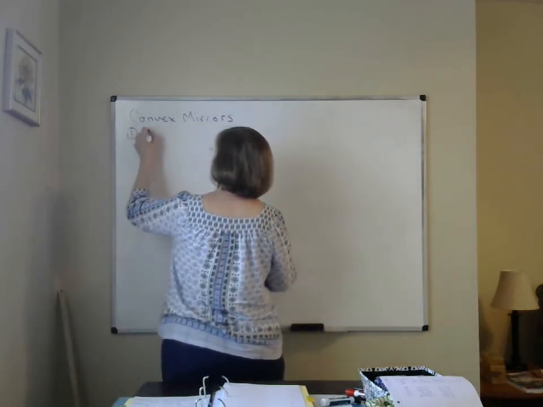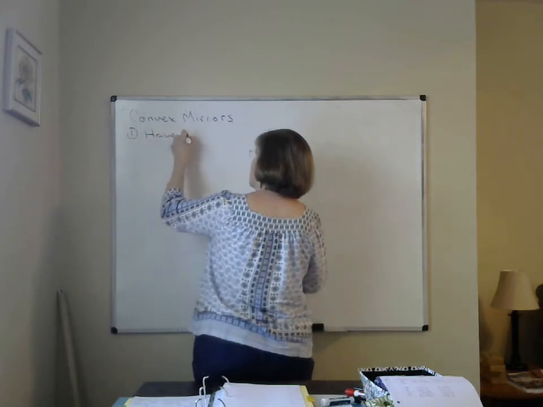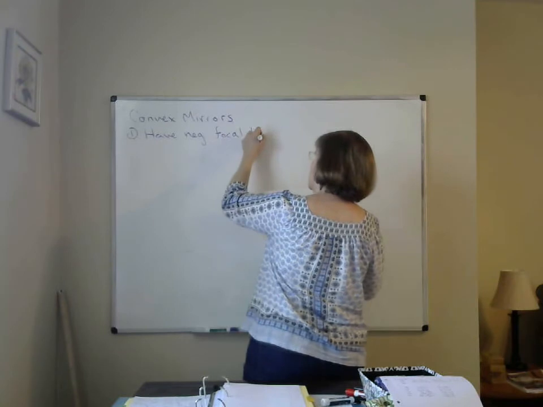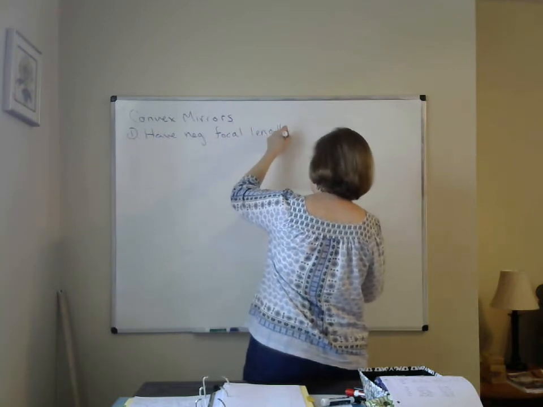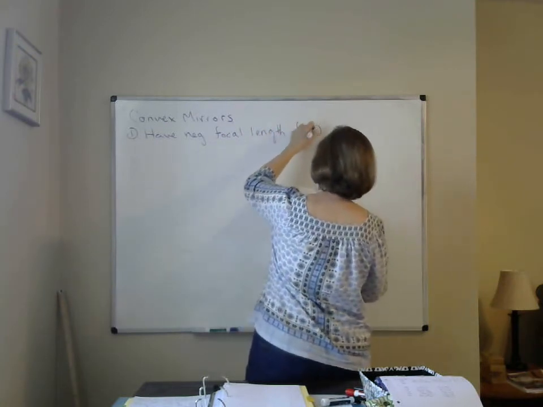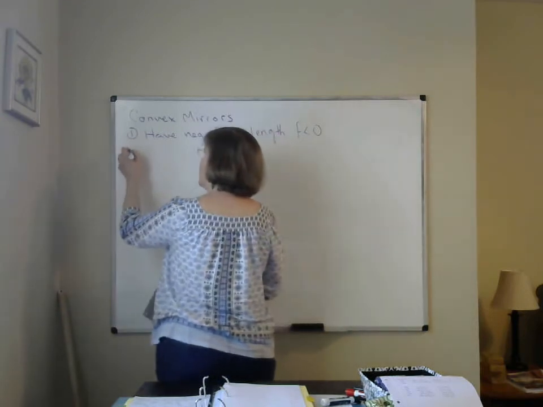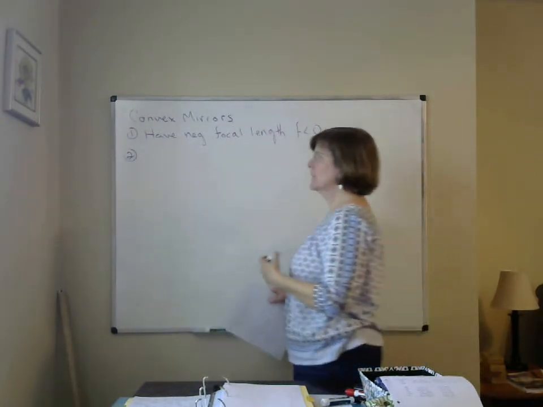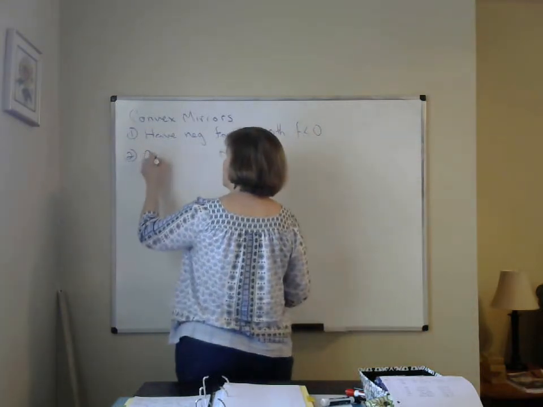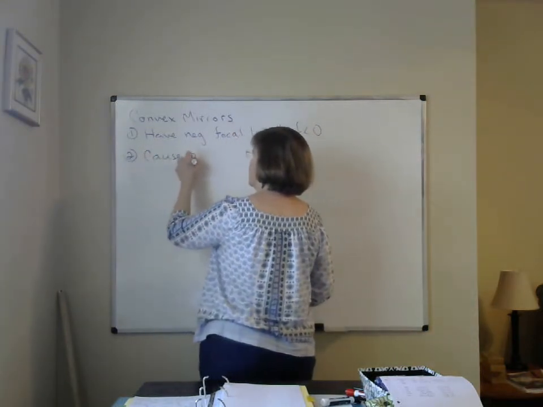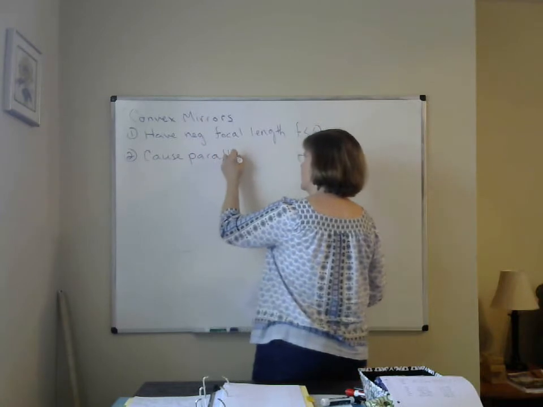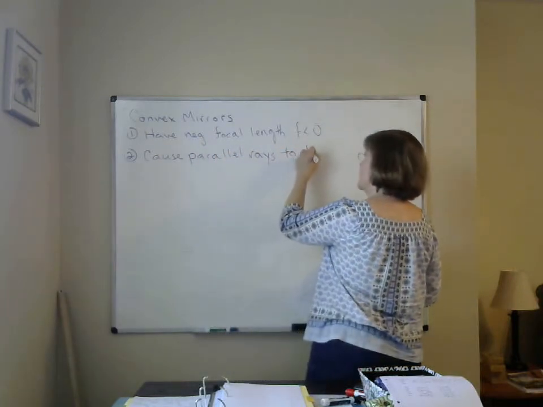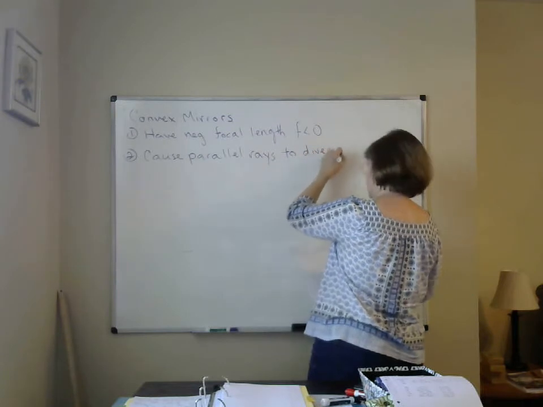One, they have negative focal length. F is less than 0. They don't focus parallel rays. The concave mirror focuses those parallel rays. These cause the parallel rays to diverge or to spread farther apart.